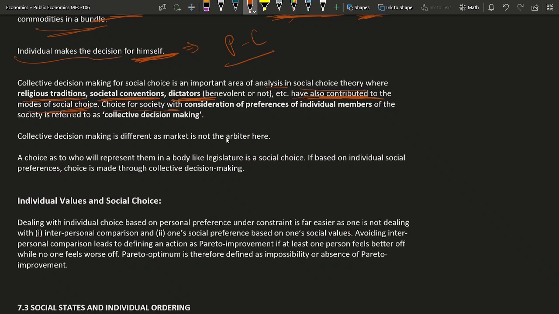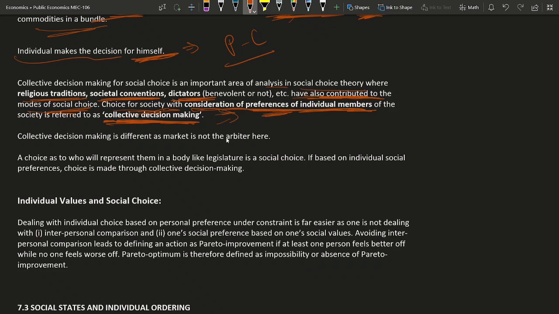Choice of society with consideration of the preferences of individual members of the society is referred to as collective decision making. So collective decision making is a choice for society with the consideration of preferences of individual members. All individual members' preferences are considered, then a decision is made for the society.